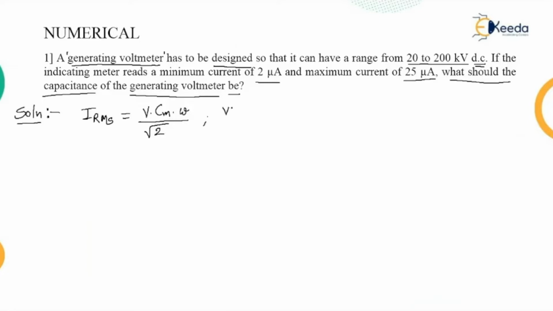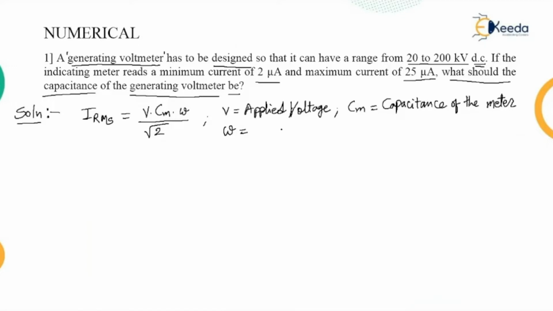As we know, it is proportional to the current, with the applied voltage, Cm the capacitance of the meter, and omega the angular speed of the drive.